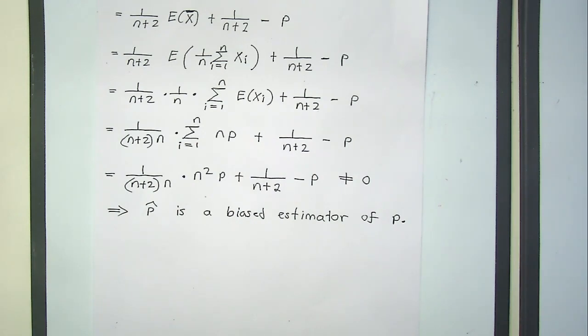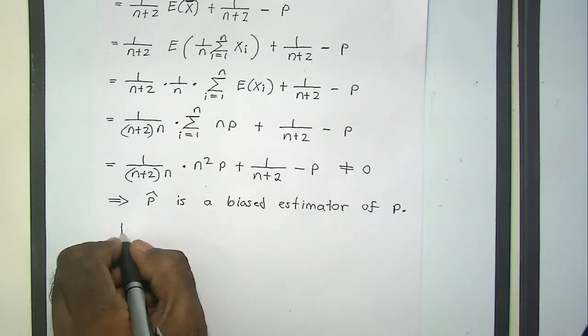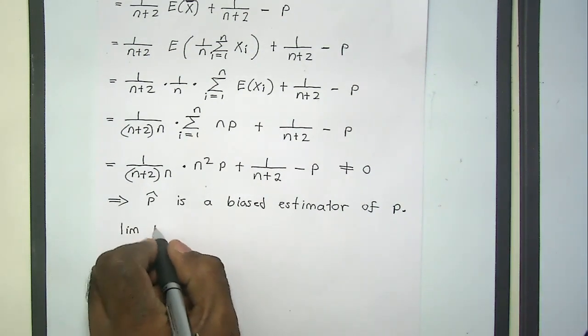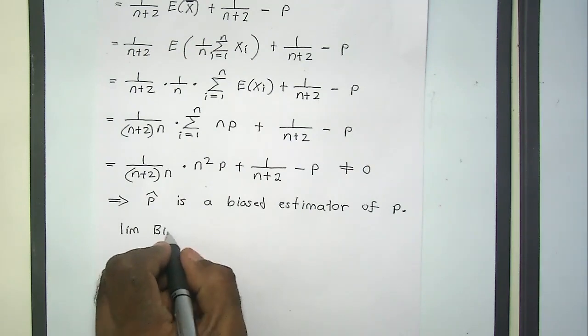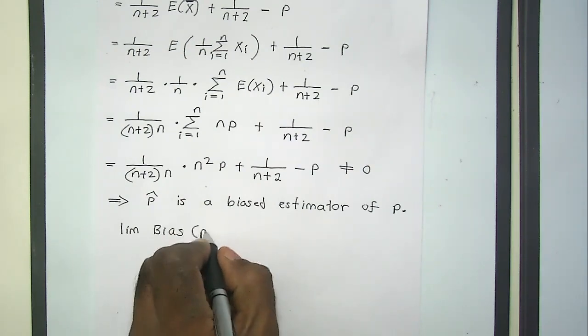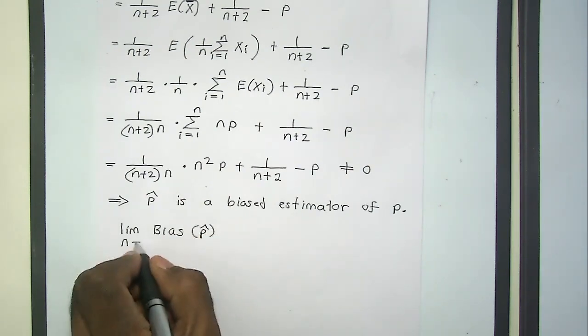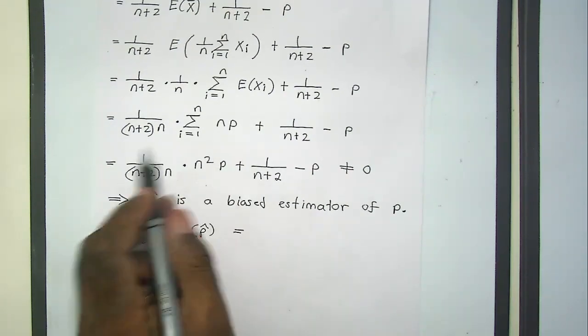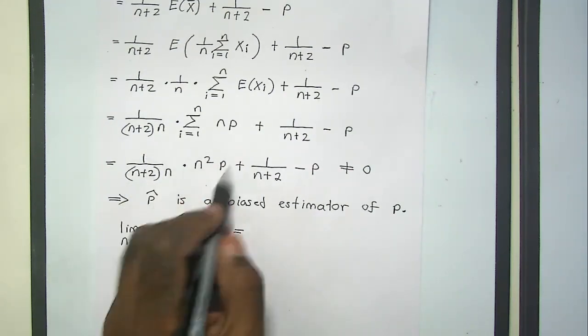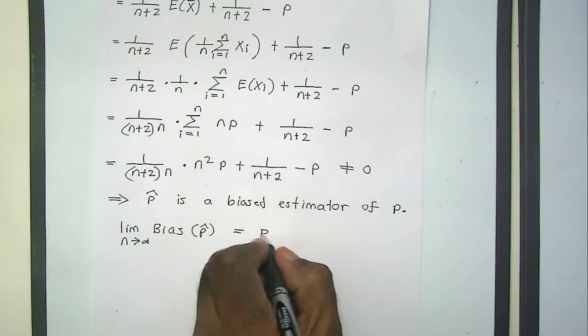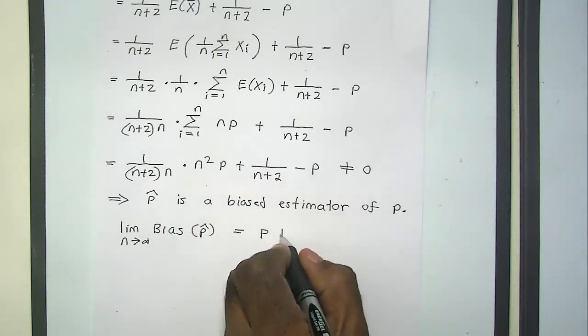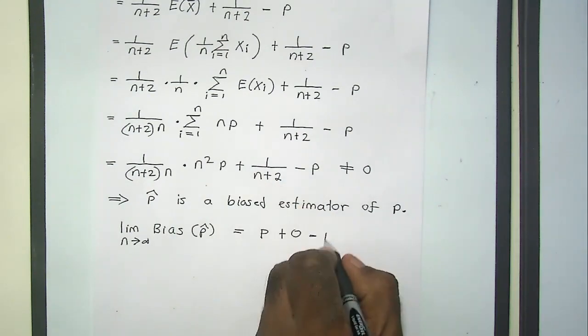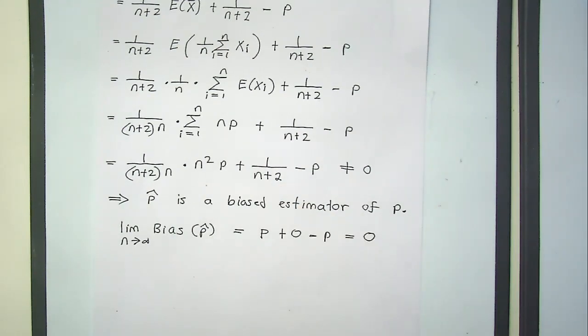If the bias is 0, then it's unbiased. However, the limit of the bias as n approaches infinity is p minus p, which is 0.